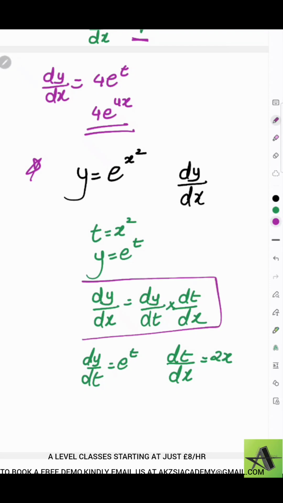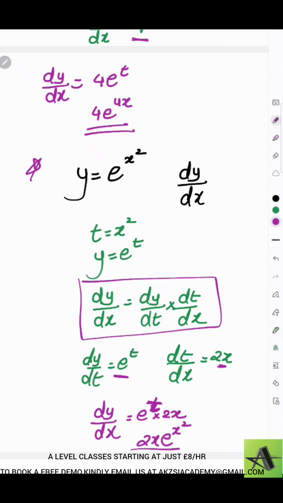So dy over dx will finally become e to the power of t times 2x. And finally, at the very end, we have to replace t with the one that we have assumed, that is x squared. So the final answer is e to the power of x squared times 2x. And this is how we can differentiate such functions.